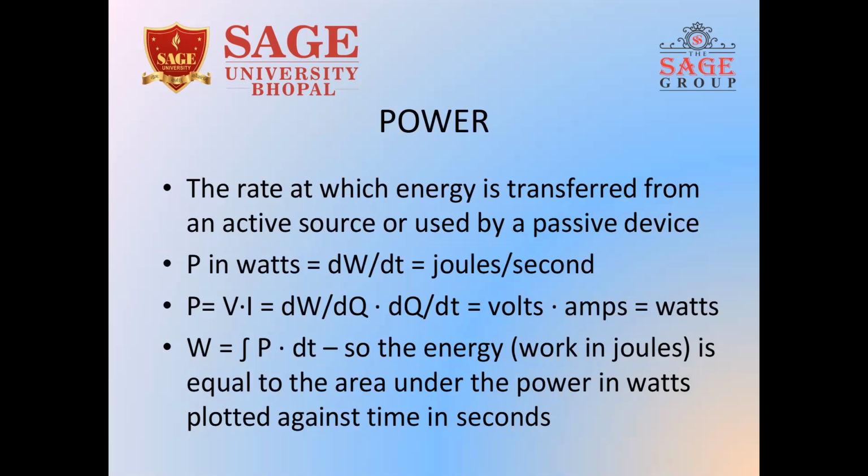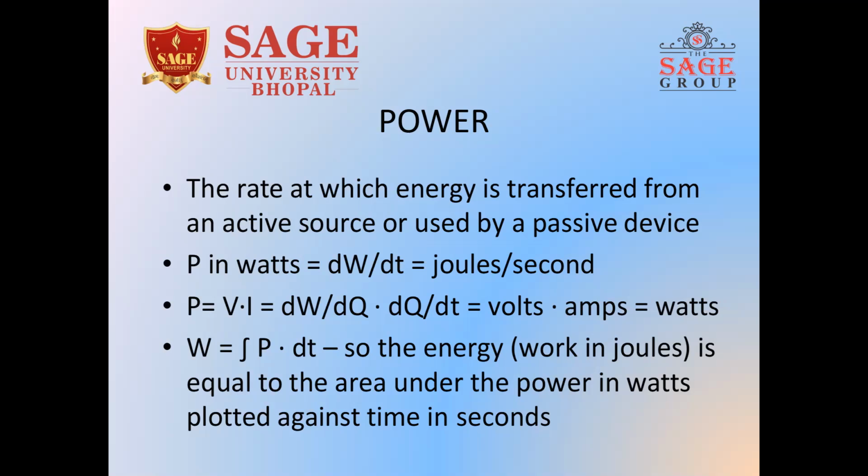And if you talk about power, what is power? Power is the rate at which energy is transferred, or the rate at which work is done. So P equals work upon time, P equals dW upon dt, measured in watts, where dW and dt are expressed as joules per second.